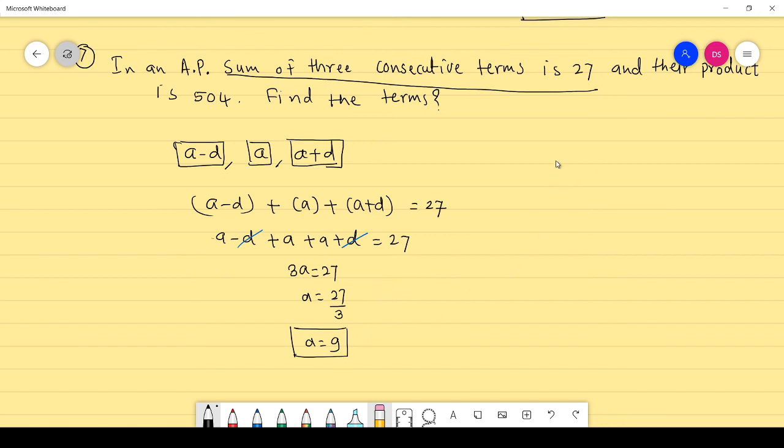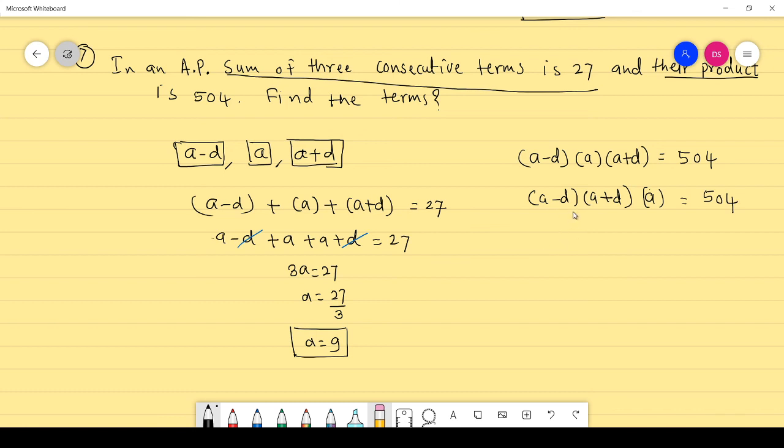So what is the second condition? They said that the product of these three consecutive terms, that means a minus d into a plus d into a, is equal to 504. I'm writing a minus d over here into a plus d, and the third term is a.